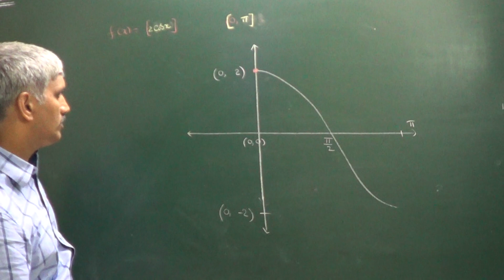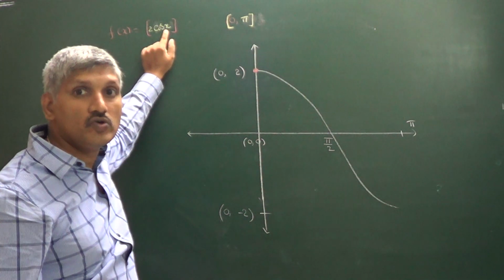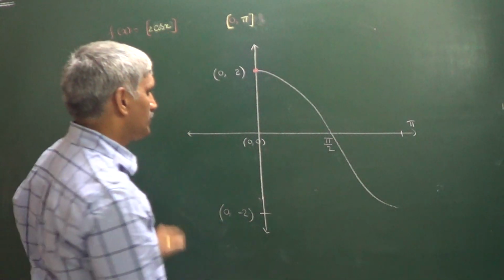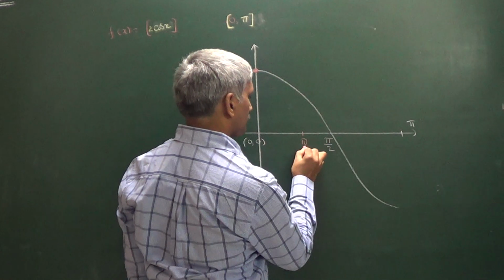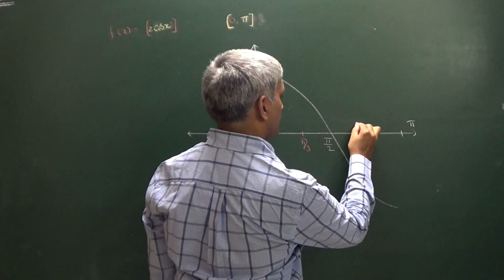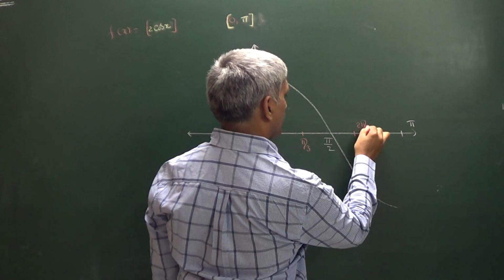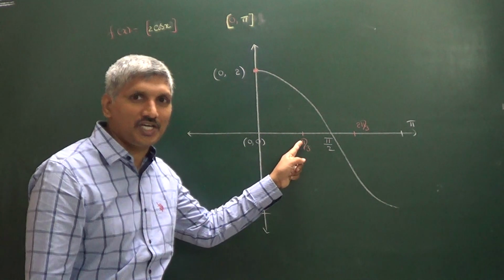But now check, 2 cos x becomes 1 at x is equal to pi by 3. Now somewhere here we have pi by 3, and at 120 also the same case arises. Now check from 0 to 60.